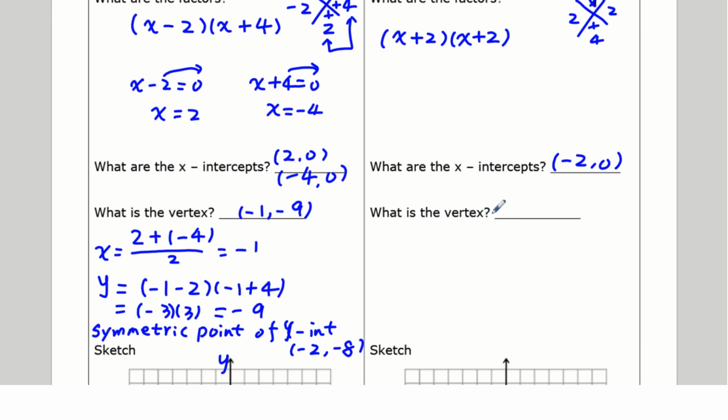What is the vertex? So -2 and -2, add together and divide by 2 gives you -2. The two zeros are equal, and that means it is your vertex.